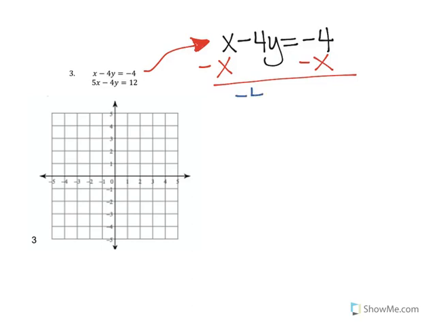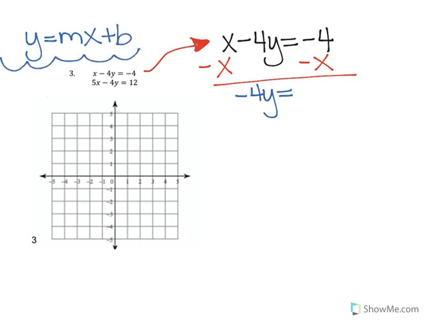When I subtract it, I still have -4y left on the left, and I always want it in mx plus b format. Remember, we're trying to get it into y equals mx plus b. So I want my x term first. So I'm going to have -x, then I have -4.